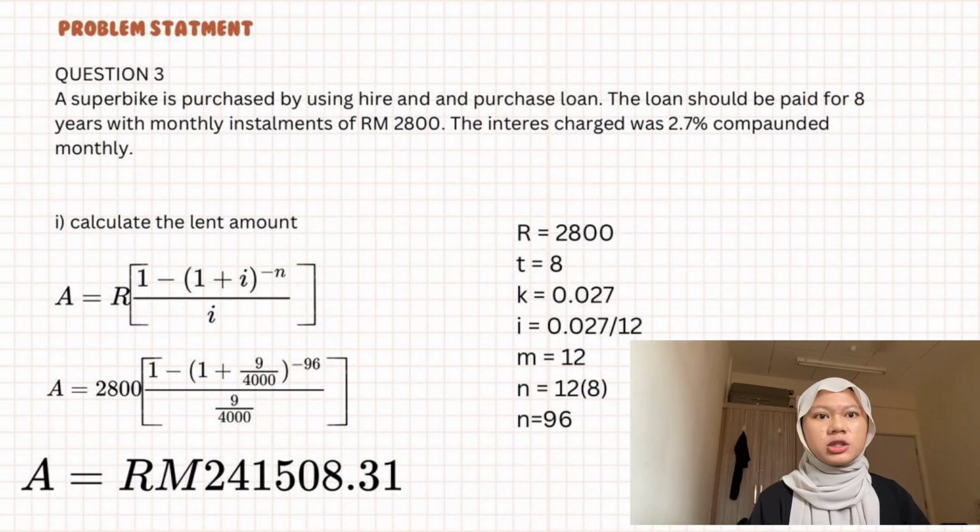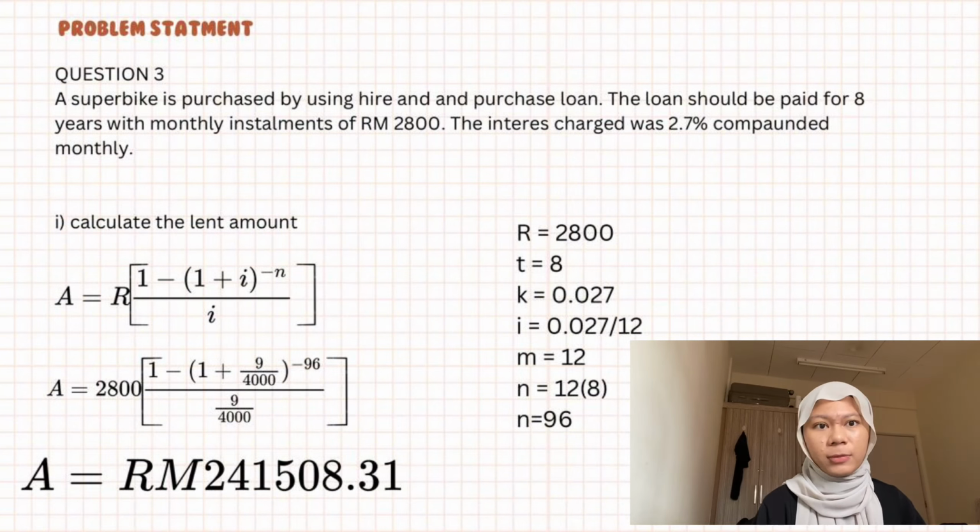Question number 3. A super bike is purchased by using a hire and purchase loan. The loan should be paid for 8 years with a monthly installment of 2,800. The interest charge was 2.7% compounded monthly. For question number 1, calculate the loan amount, we're going to use the loan formula. We got R, which is 2,800. We got T for 8 years. We got K 0.027.